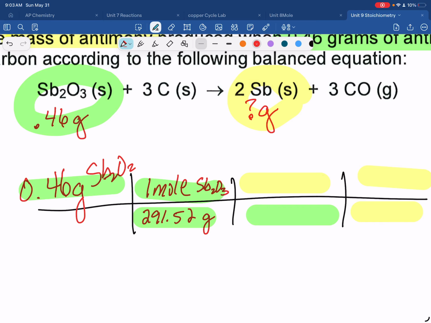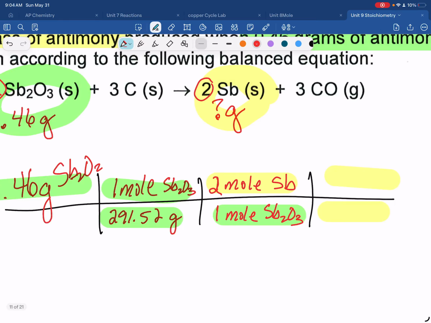It's a 1 to 2 mole ratio. So for every 1 mole of Sb, which is what we're looking for, we have, that's a 2 there. That's a 2, last time I checked. We have 1 mole of Sb2O3. Now remember, if there's no number there, that just means 1. Okay, so it's a 2 to 1 mole ratio.